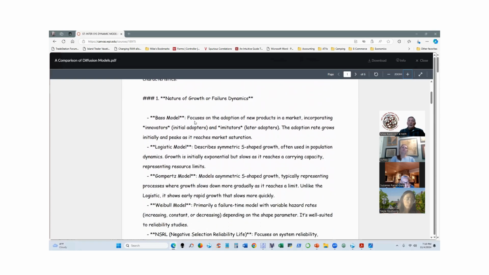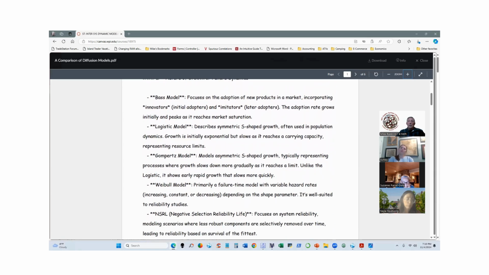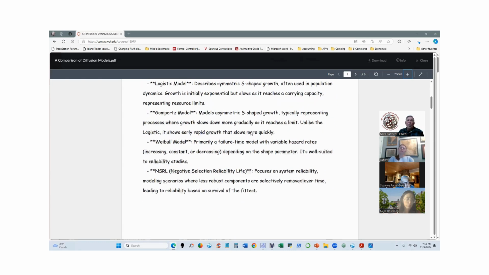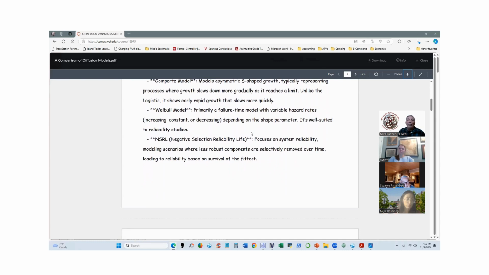Okay. So here's the Bass model, which focuses on adoption. The logistic model describes S-shaped growth. The Gompertz model has an asymmetric S-shape, so the first part and the second part of the S are not symmetric. Weibull is primarily a failure time model with variable hazard rates, depending on a shape parameter, and is well suited to reliability studies. I don't know exactly what that means.